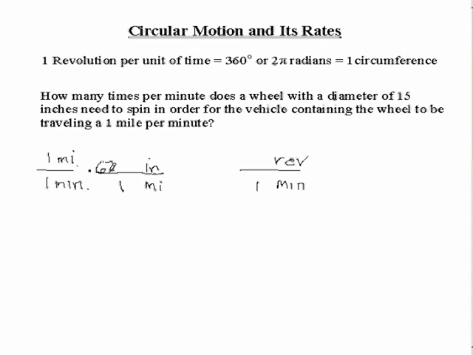Well, we've already figured out that 1 mile is 63,360 inches. So those will cancel, and now if we were multiplying across like we do when we multiply fractions, we'd have our 1 minute in the denominator, but we'd have inches in the numerator instead of revolutions. So we need to be able to get rid of this inches and replace it with revolutions.